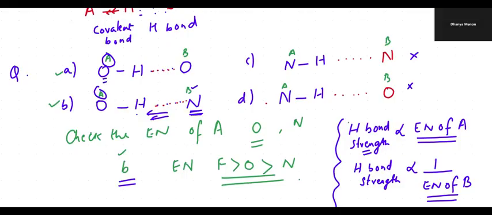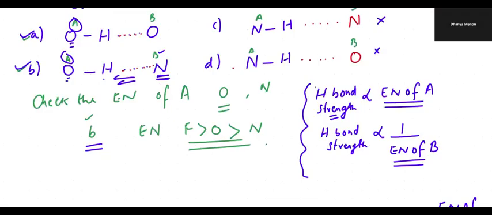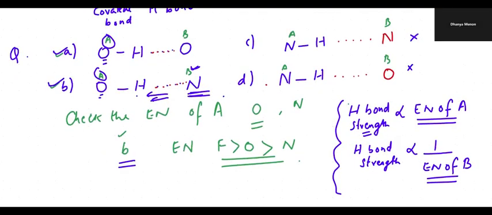Among options A and B, which one will you choose? We choose B, because the second condition is that hydrogen bond strength is inversely proportional to the electronegativity value of the B atom. So you have to look at both of them.